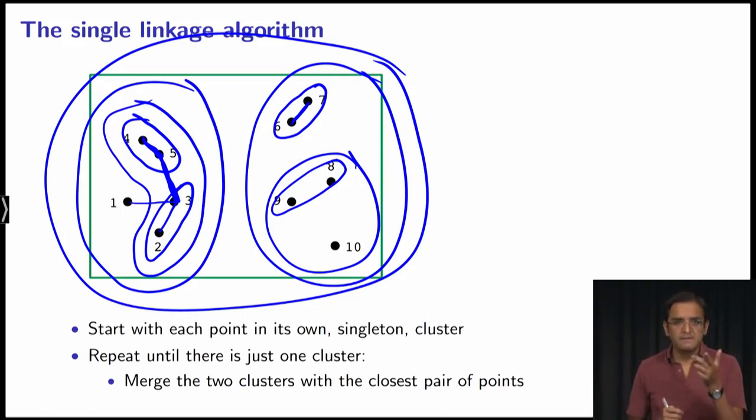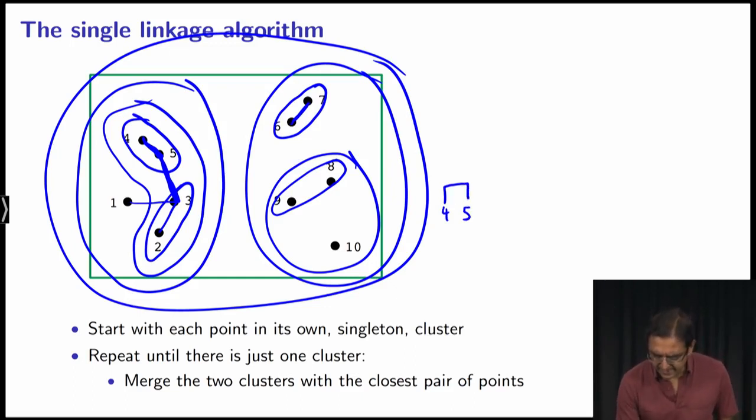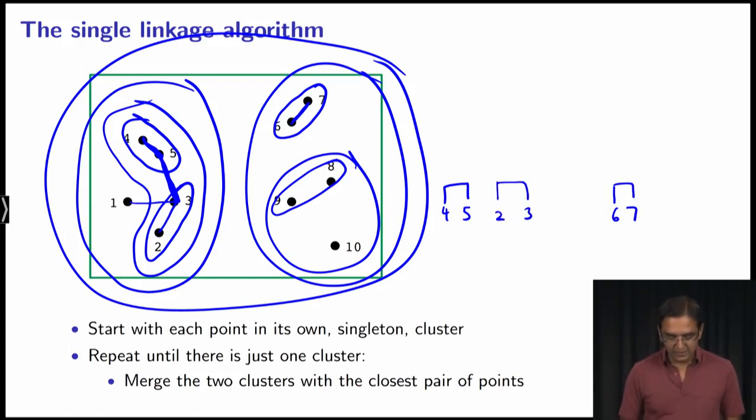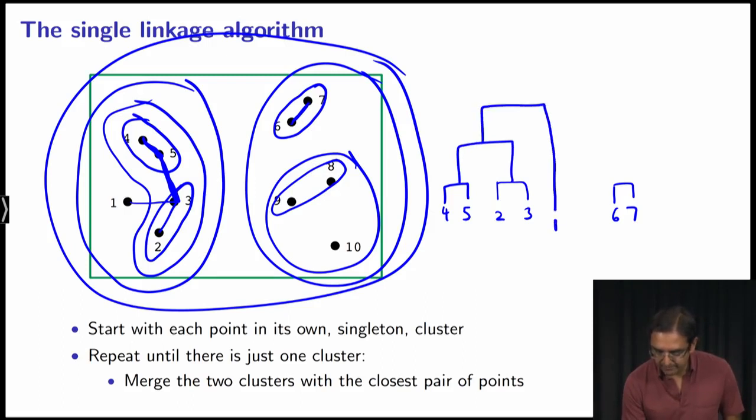Well, the first thing we merged was 4 and 5, so let's draw those, 4 and 5. We merged those. Then the next thing was 6 and 7. Let's draw those. Okay, and then we did 2 and 3. Let's draw those. And then I think we merged these two into a bigger cluster, and then we added 1 to them.